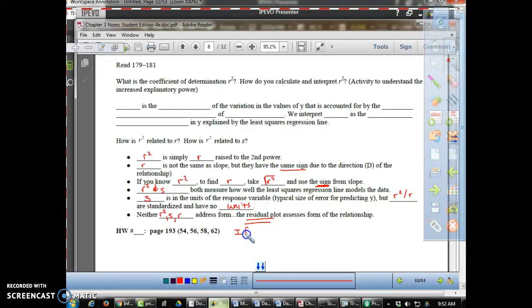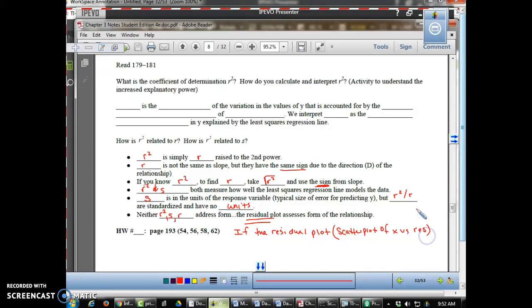And then what you're looking for there is if the residual plot, which is a scatter plot of x versus your residuals, and we did that yesterday, is not random or has a distinct pattern, then the linear model is not a good fit.